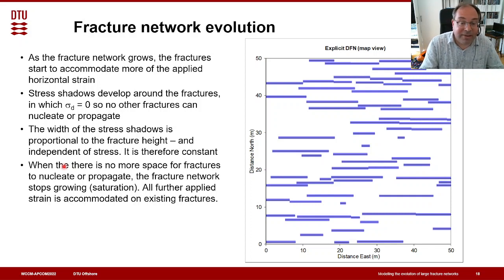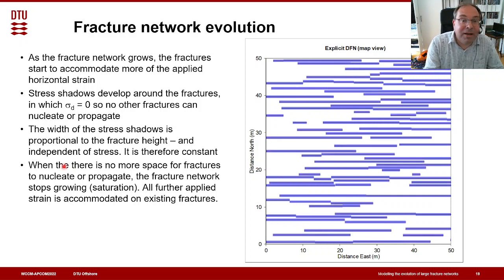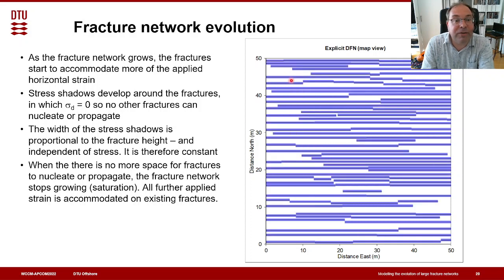What we find is that as the fracture network grows through time, the fractures start to accommodate more of the applied horizontal strain. And they do this by developing stress shadows. Now, the stress shadows, which are shown in blue here, are the zones around the fractures in which the applied horizontal strain is accommodated by displacement on the fractures rather than being accommodated elastically in the rock.